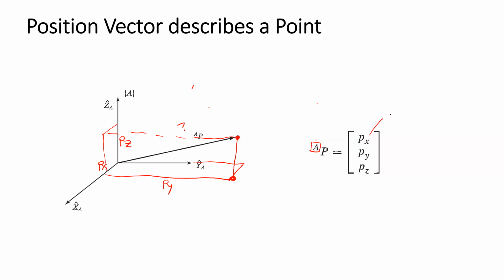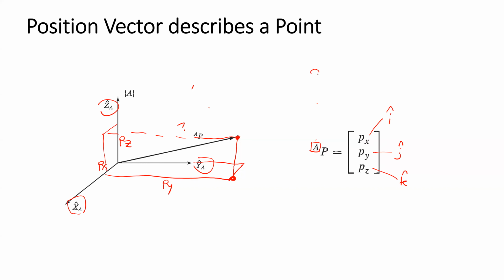And this corresponds to the unit vectors i, j, and k of x, y, and z. So the position vector is simple.